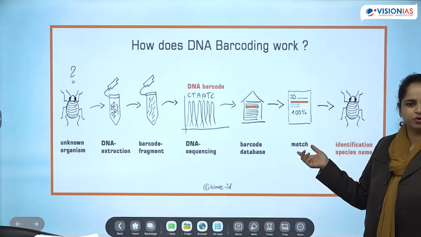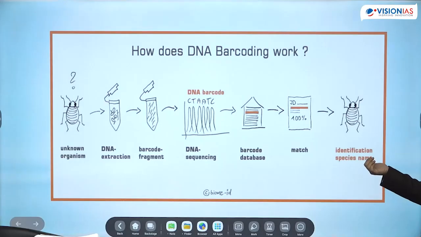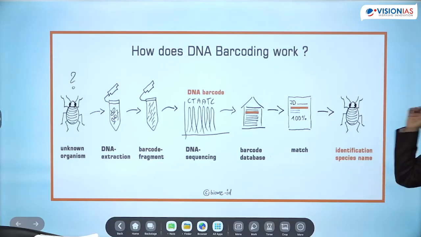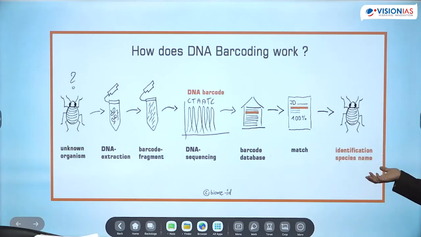This can be correlated and confirm that this is the species, and this is a sure short way for identification of species. So instead of the complete genome sequencing, we have segments called barcodes which will give the complete information. If we store these barcodes in our database, it will help us in identification of different species.